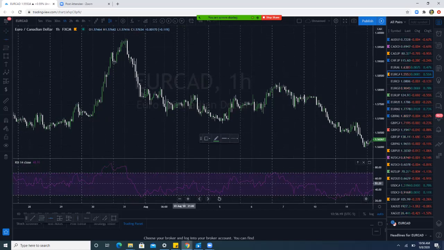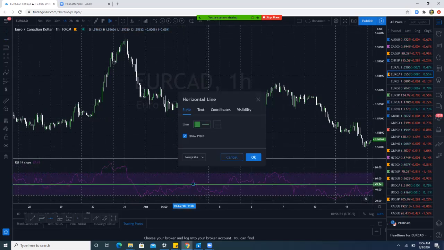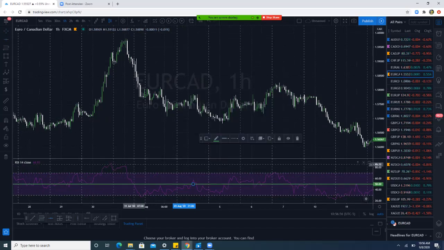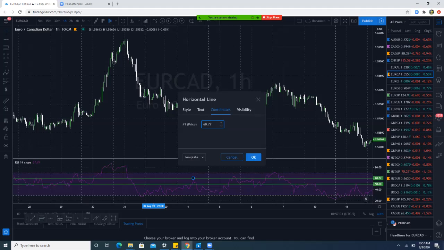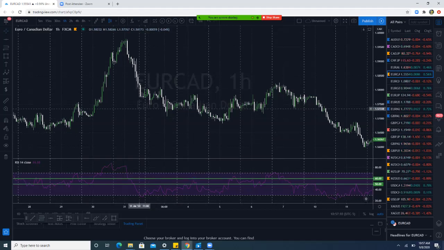So I got it at 50 and 60. So if I'm looking to trade RSI in this way during a trending market, I have to wait for price to start trending down, which it does.